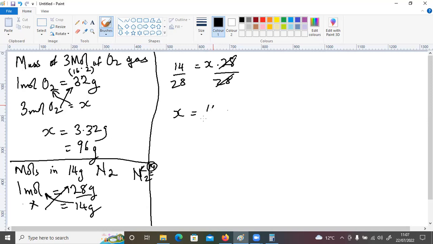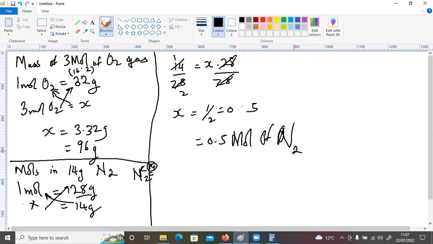So I find x is equal to 14 over 28, which is 1 over 2, which is 0.5. A half is 0.5, so it is 0.5 mole of N2, nitrogen gas.